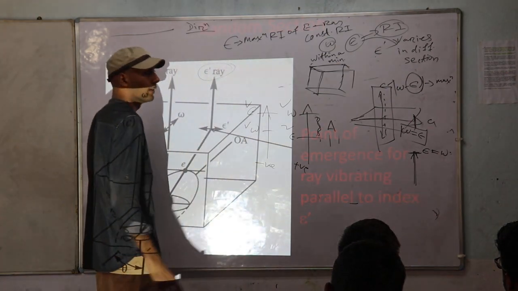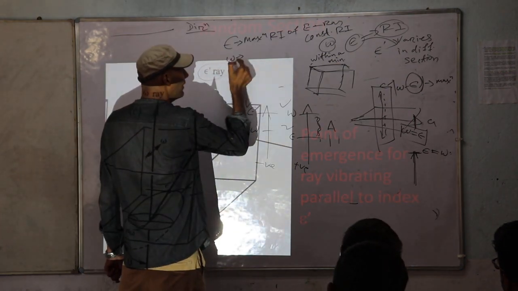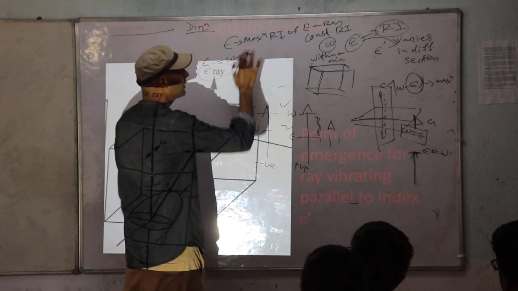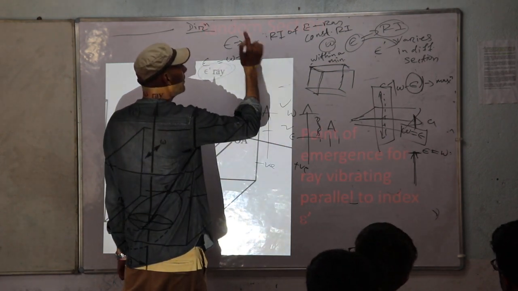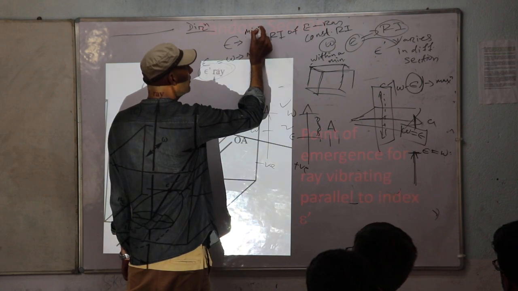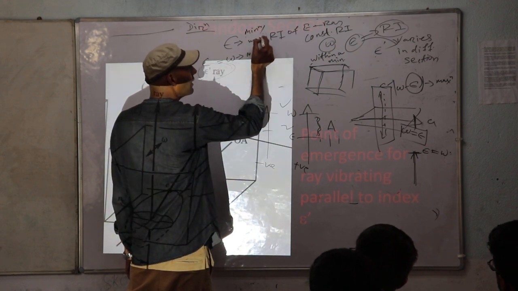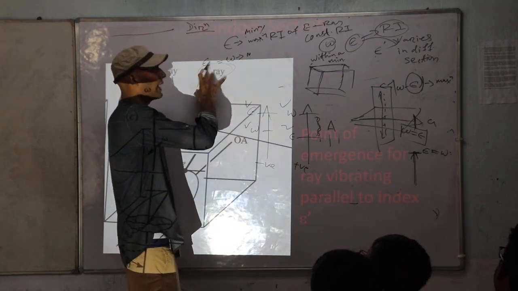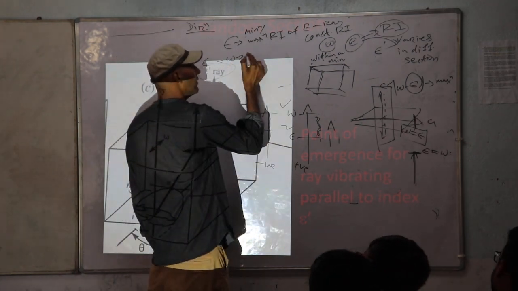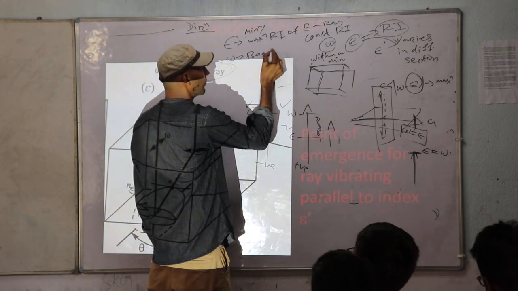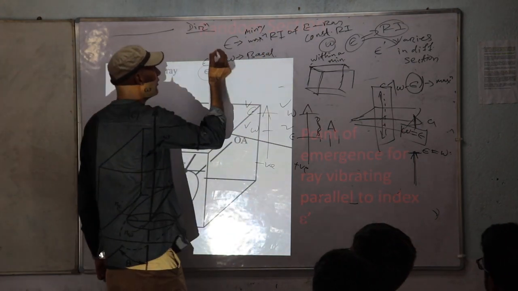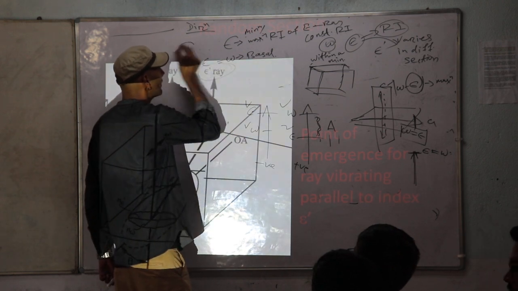The ordinary ray's omega can be minimum or maximum depending upon whether the mineral is positive or negative. So omega is equal to epsilon in basal section. In between that the value will be epsilon dash.